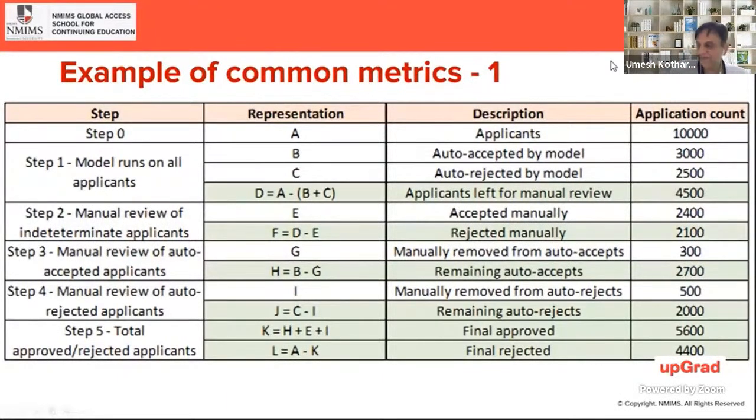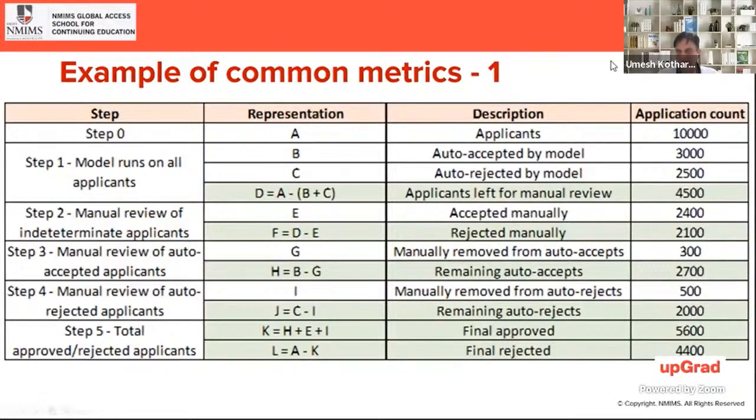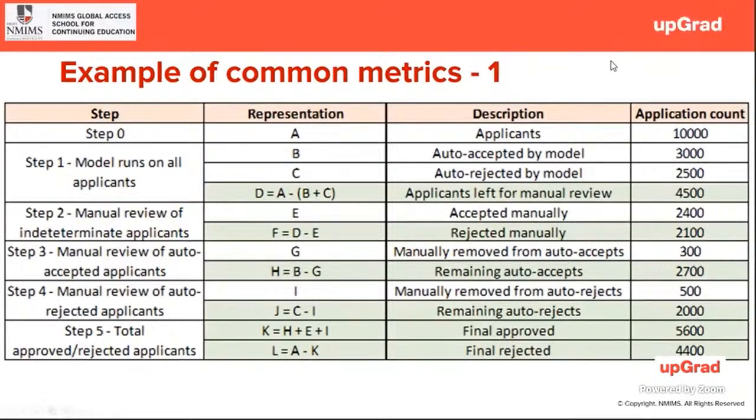Any other rooms? Yes, sir. High side override will be 10%. Okay, and how did you get that? So it's step 3. We went through step 3, wherein manually removed auto accepts were 300, and the remaining auto accepts 2,700. So we took a percentage, like 300 out of 3,000.